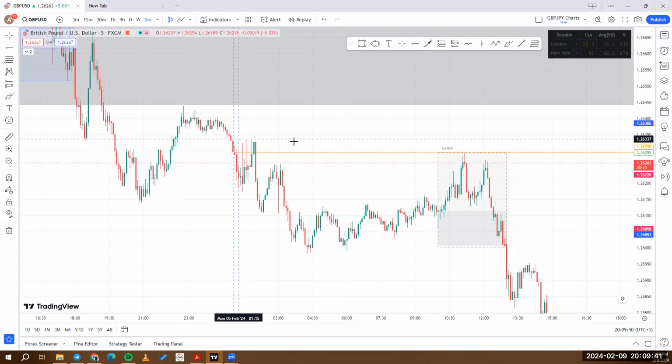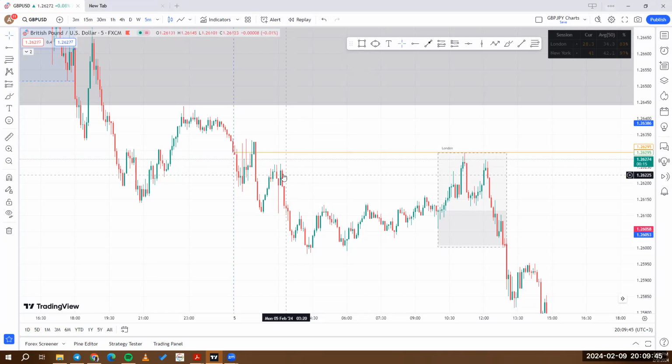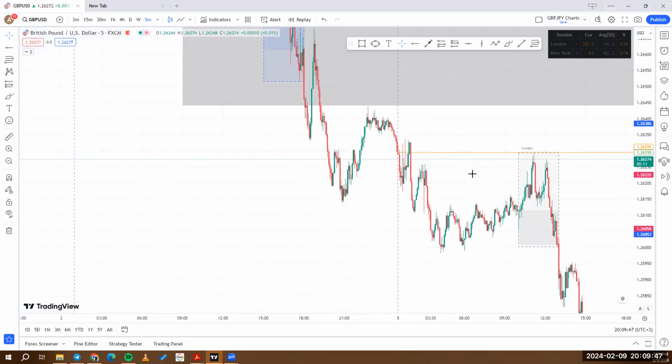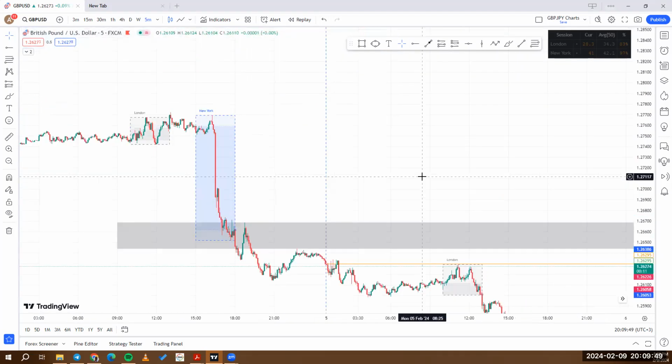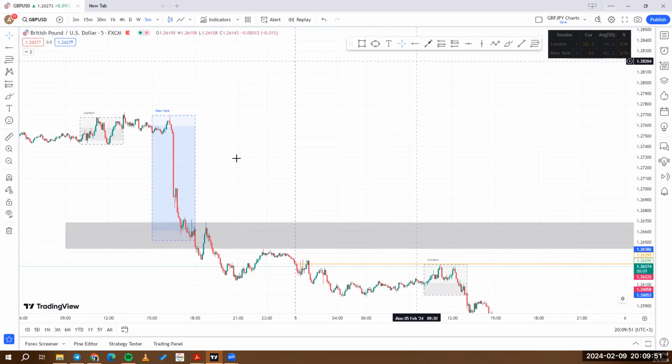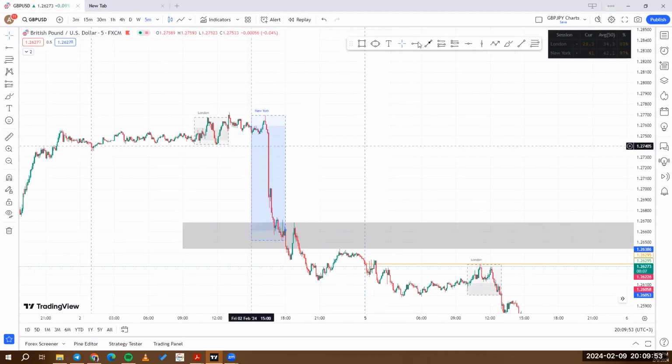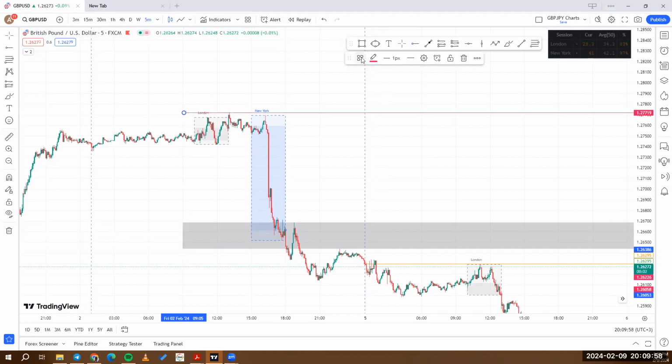No, we mark out 5 zones. The first zone that we mark out is the Friday highs and lows. The highest point that Friday got to and the lowest point that Friday got to. I'll not switch time frames for the sake of ease of transition.